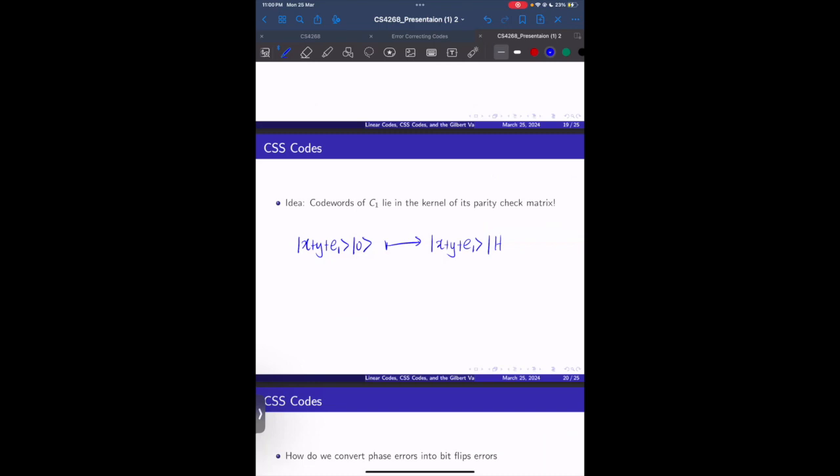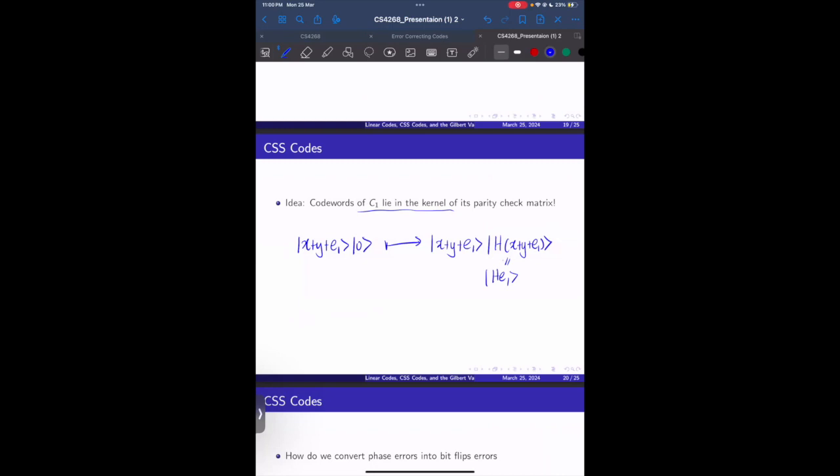Right, so we find some circuit that can apply the parity check matrix to the state that we have with the error. Then, since C1 lies in the kernel of the parity check matrix, this will actually just become the syndrome, right? So once we have the syndrome, we can easily correct the errors just by applying the appropriate number of Pauli X's in the correct places.